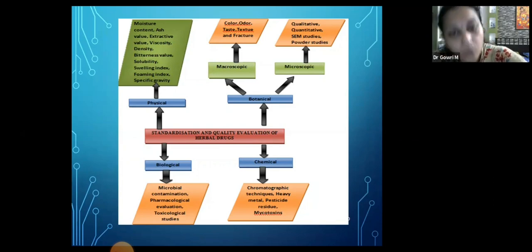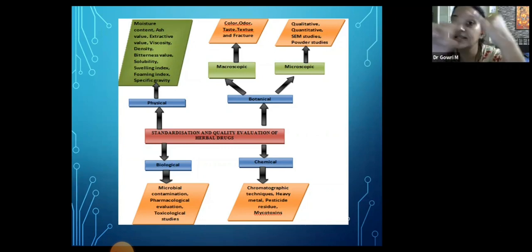Secondly, when you know that a particular drug has a particular quality, when you know that Amlaki has a hypoglycemic activity, then why are we doing the analytical studies? In that case, we have to do these analytical parameters in order to confirm its purity, as we have already mentioned: identity, purity, and strength. These are the three parameters that we always have to look at in drug development.